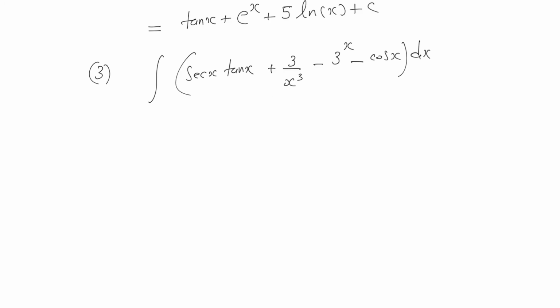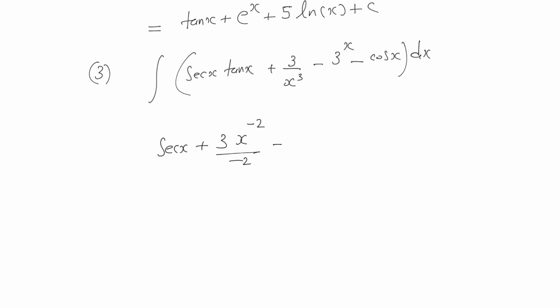If it is given integration of sec x tan x plus 3 divided by x cube minus 3 raised to x minus cos x dx, we can write integration of sec x tan x is nothing but sec x, plus 3 is a constant. We can write x cube in the numerator, so it becomes x raised to minus 3. So it's x raised to minus 3 plus 1, which is x raised to minus 2, divided by minus 2, minus.